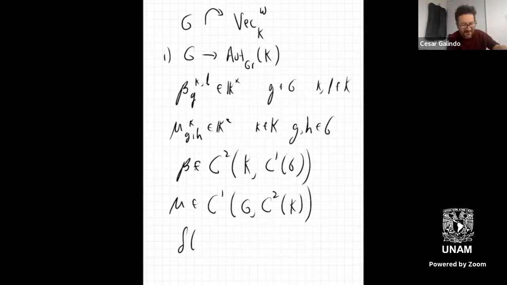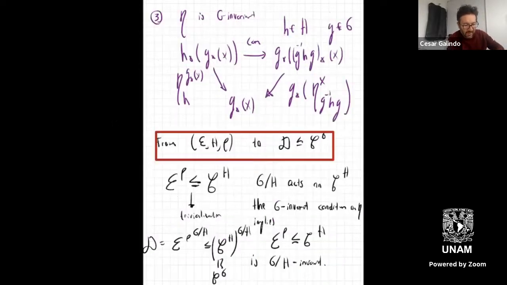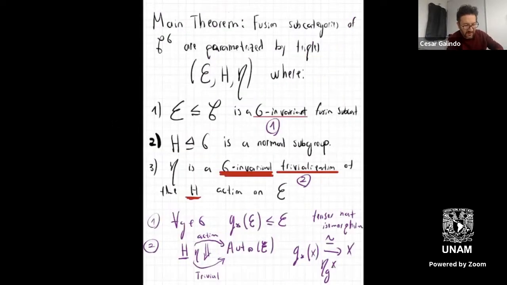But my point is that these additional data that you need are parameters of this way. So when you try to see what the fusion subcategories are, in our case C is Vec G. So what are the fusion subcategories of Vec G? They correspond just to subgroups. And the condition of being G-invariant means that the subgroup has to be invariant under the action of the other group.